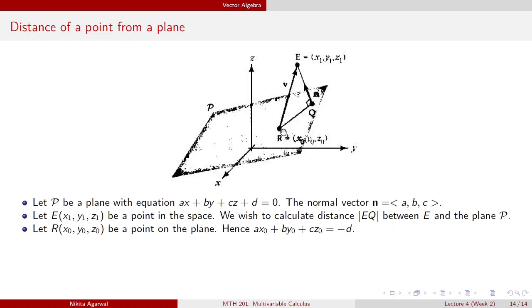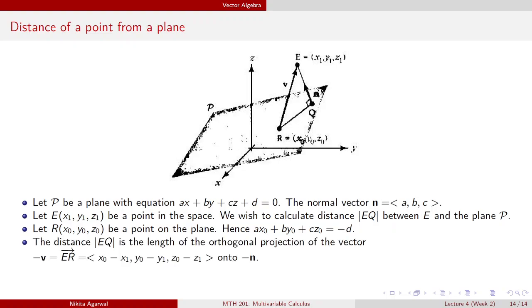Now we have a right angle triangle here, because this is the perpendicular. We have to compute this length. Now we know the concept of projection of a vector onto another.